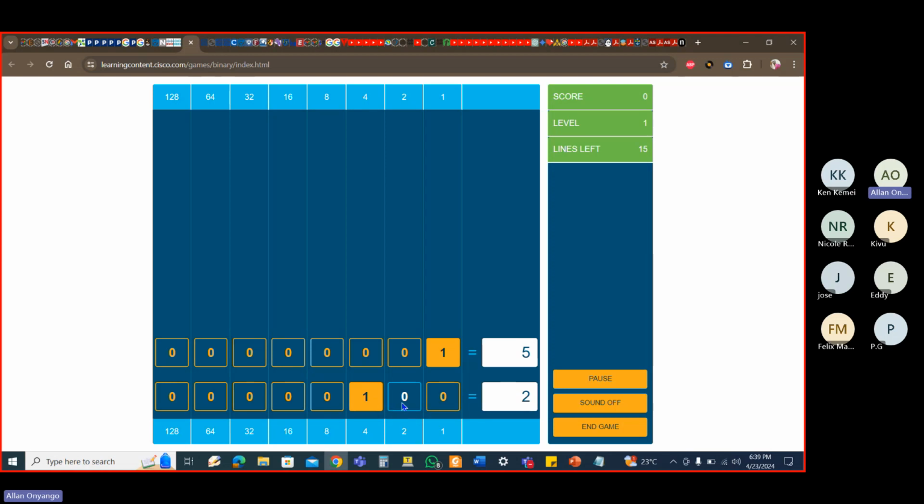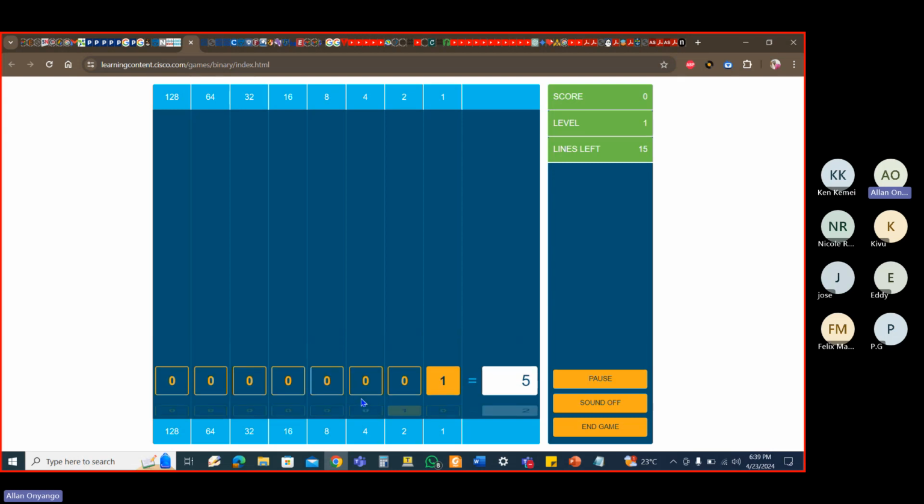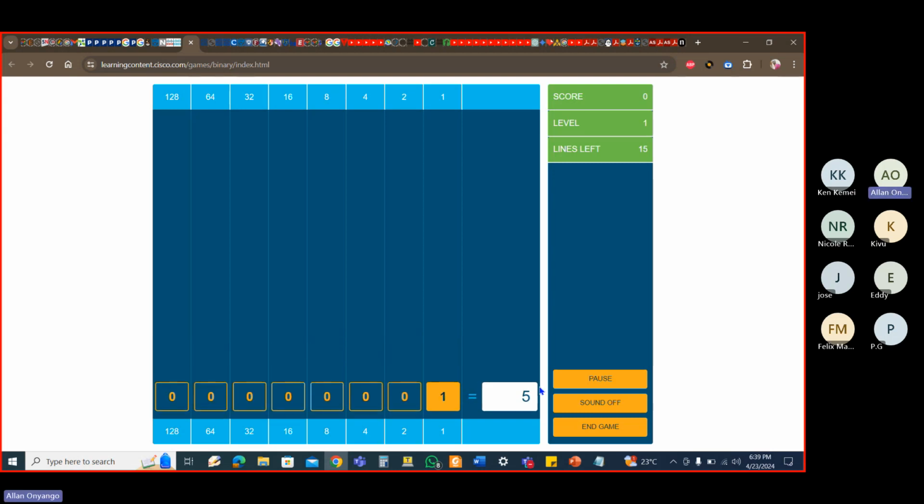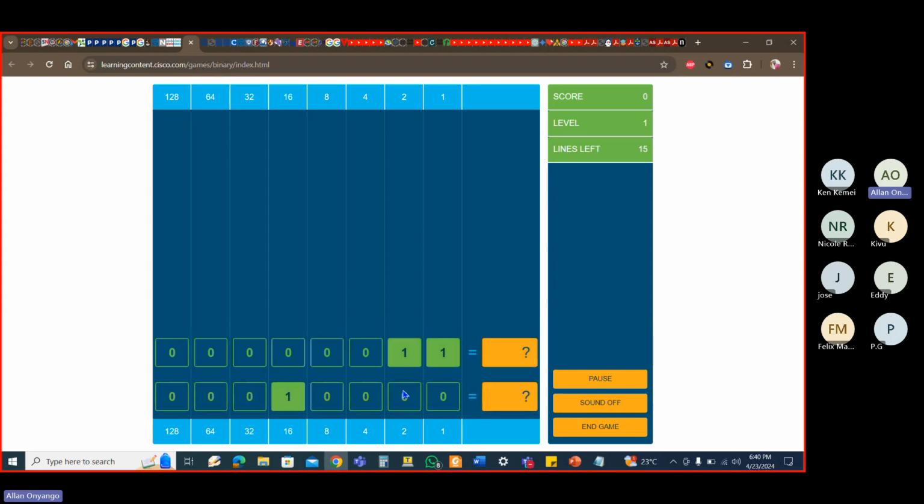It's 2, so I click 2 and remove this one. This is 5. 5 is what plus what? 4 plus 1. So click the number under 1 and the one under 4, and it disappears.